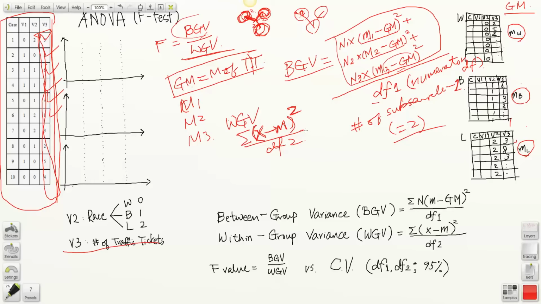And you divide that number with degree of freedom for this within group variance. We call this second degree of freedom or denominator degree of freedom.